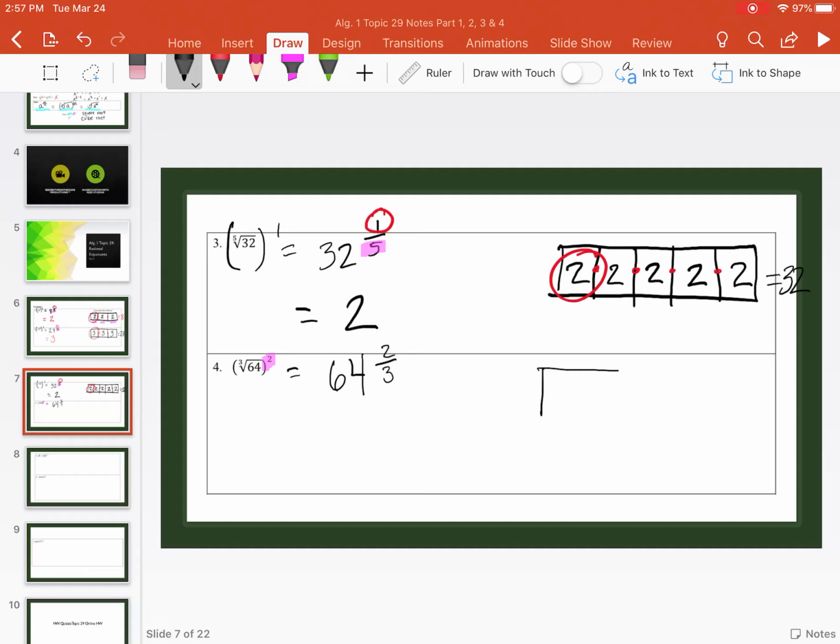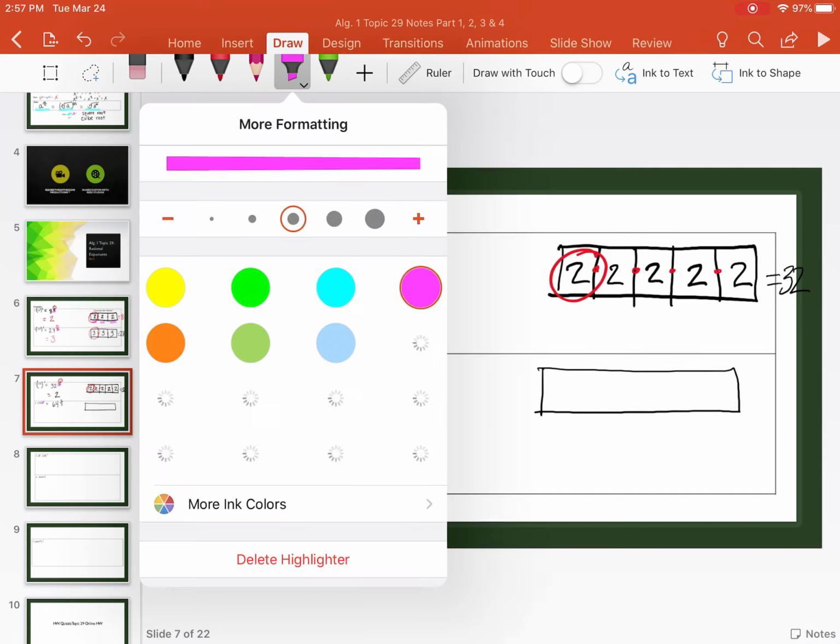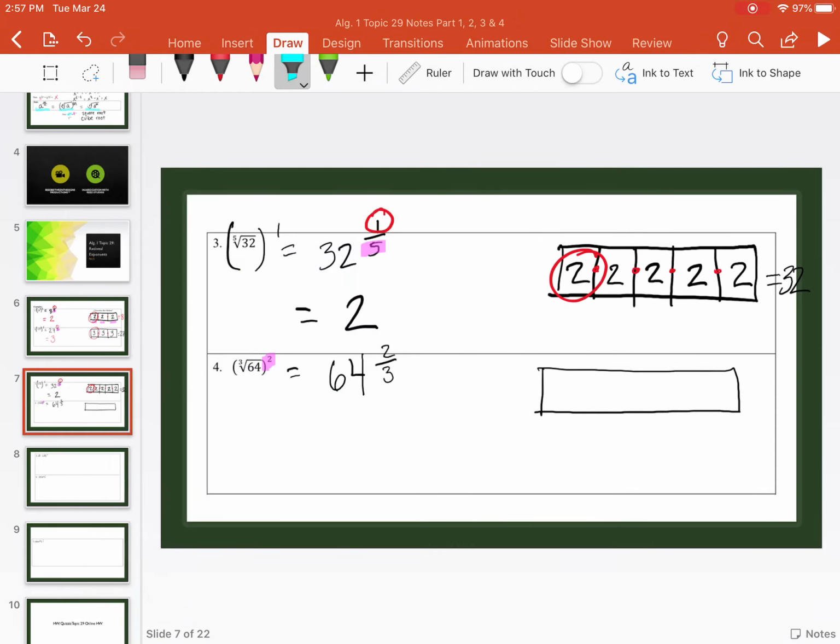So I'll draw my chocolate bar. Here, notice how I want 3 sections. So I'm going to divide this into 1, 2, 3. My product should be 64. So when I multiply everything, I should get 64.